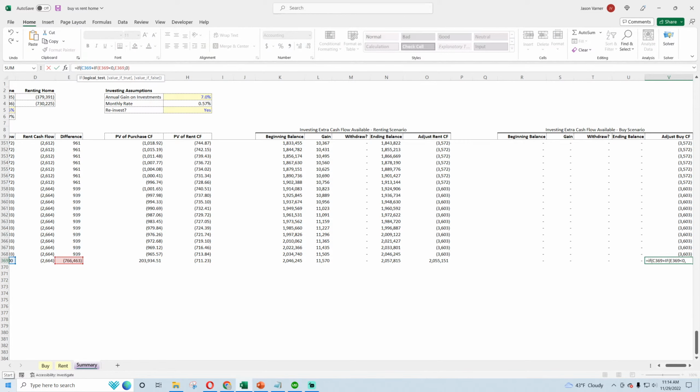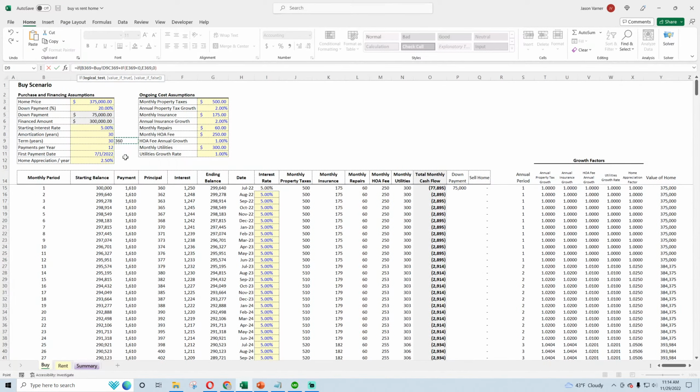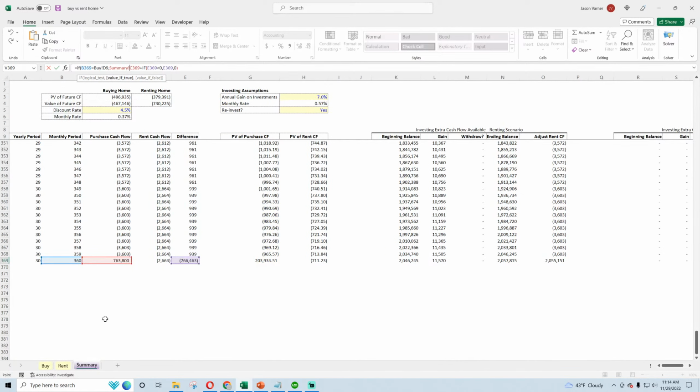So if this equals this, then we want the total adjusted cash flow to be positive this. And this 763 already includes the debt payment.